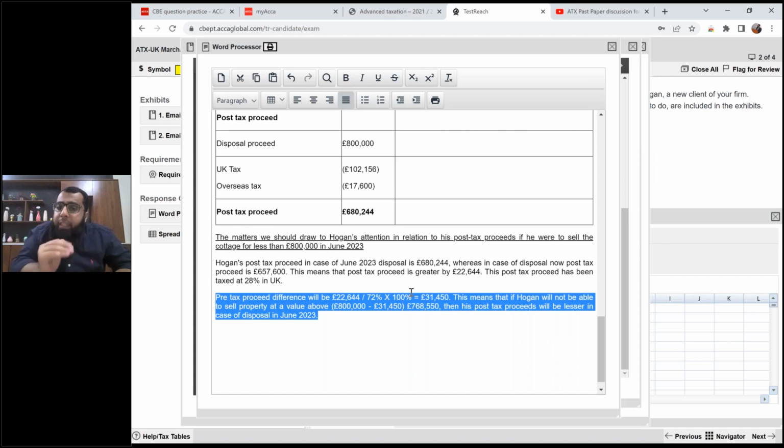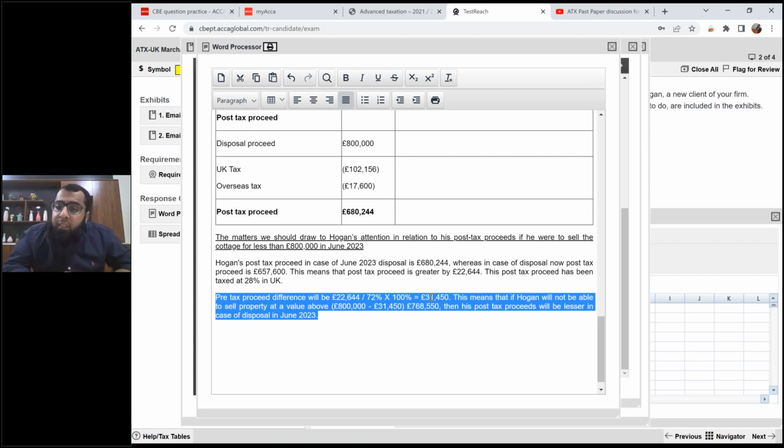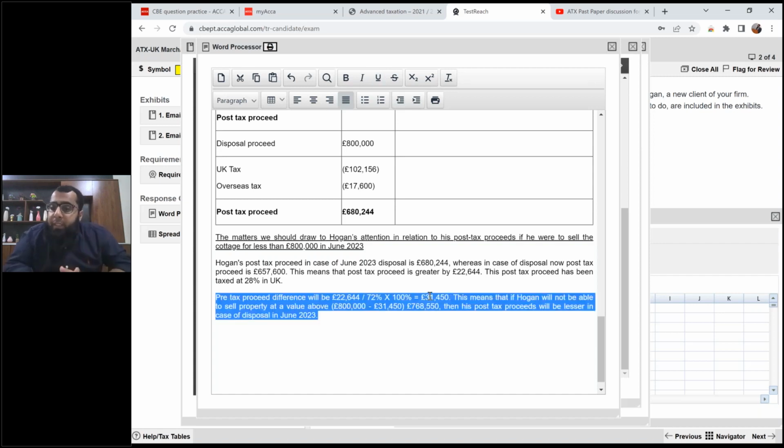This means that if Hogan will not be able to sell the property at a value above 768,450, the post-tax difference is 22,644. The pre-tax difference is 31,450. Now he's saying that if he sells at a lesser value, then how much less? It can be a difference of 31,450.